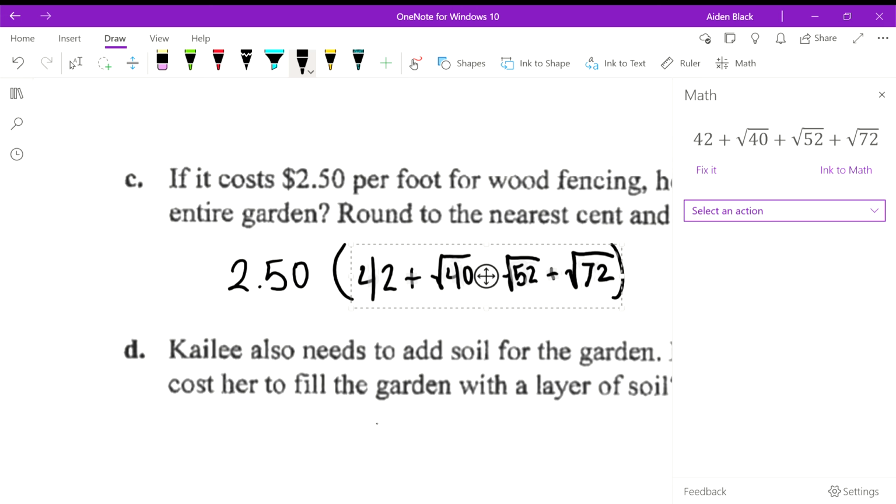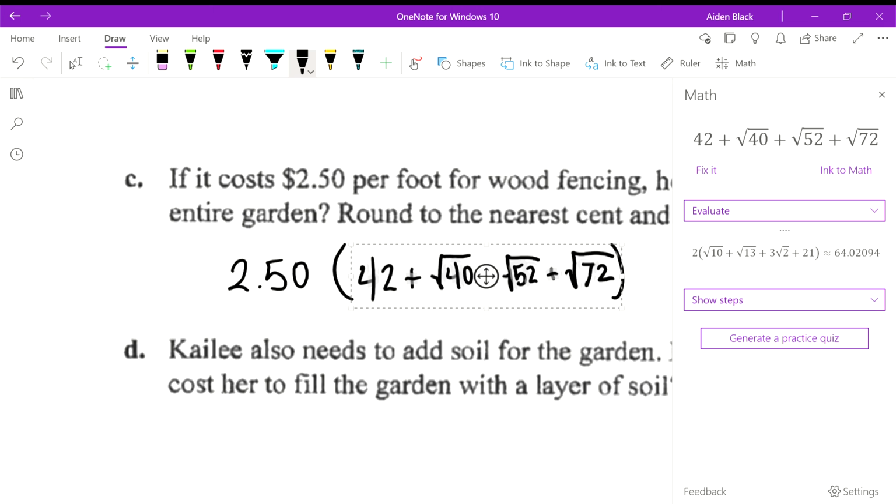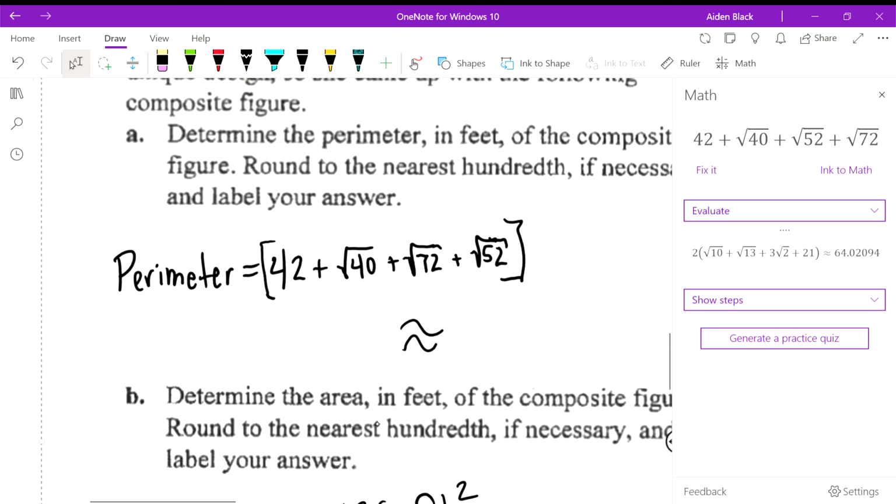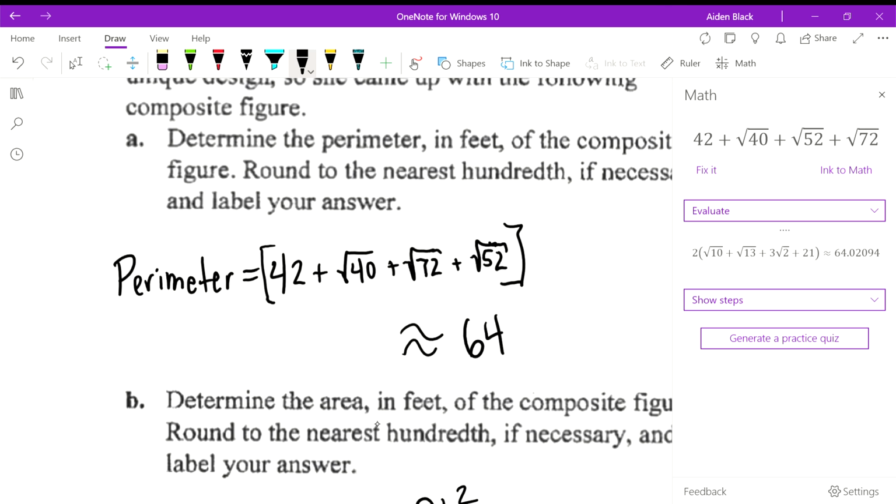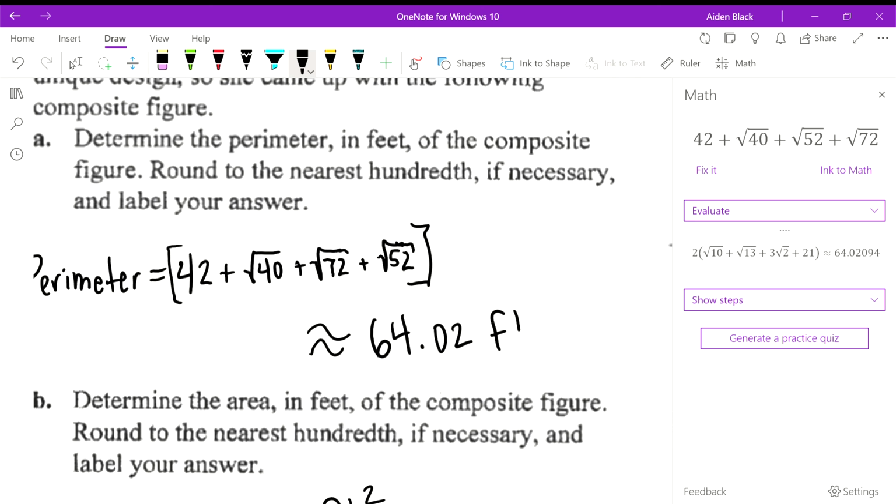Oh, thank goodness. 64.02. I think that's right. 64.02 feet.